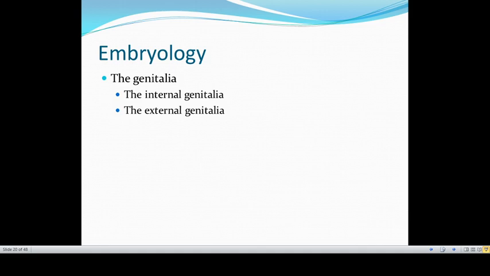The external genitalia are similarly bipotential until the 8th week. After that, the urogenital slit disappears and male genitalia form, or alternatively, it remains open and female genitalia form.